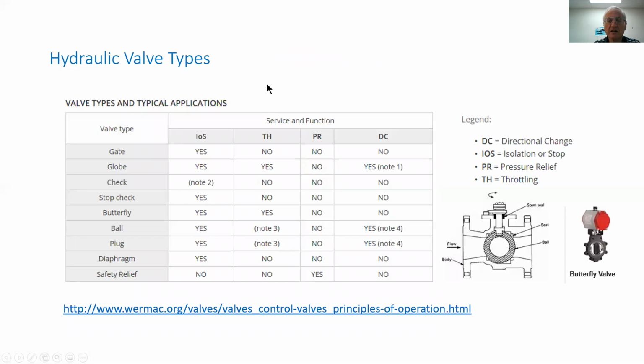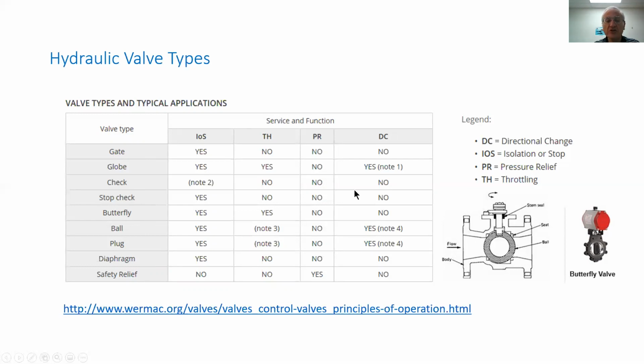There are several types of valves. The reference, by the way, is listed on all the presentation pages at the bottom. And we see a large number of possible valves: gate, globe, check valves, ball, plug, diaphragm, safety relief.